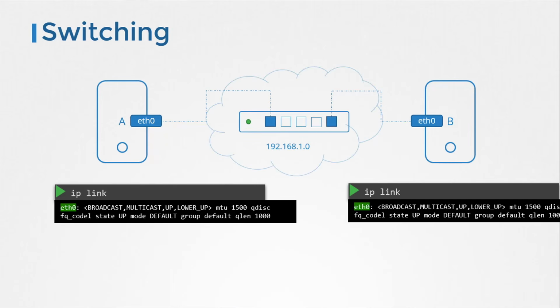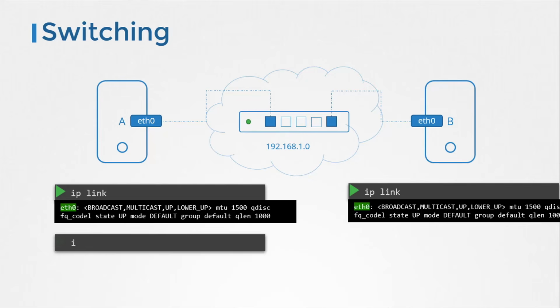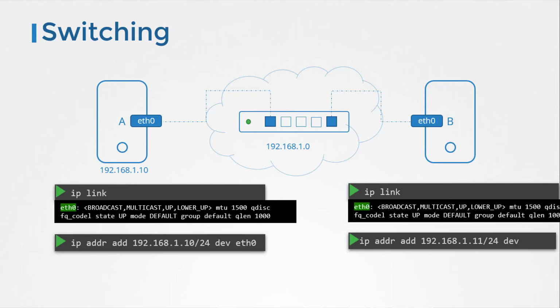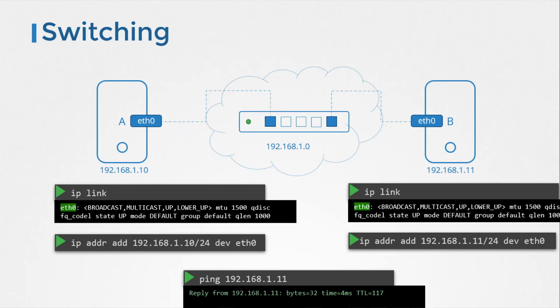Let's assume it's a network with the address 192.168.1.0. We then assign the systems IP addresses on the same network. For this, we use the command ip addr.